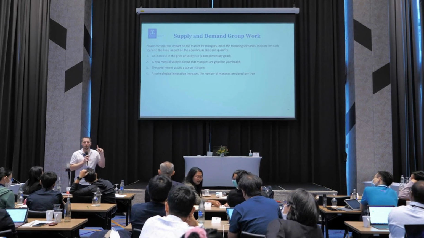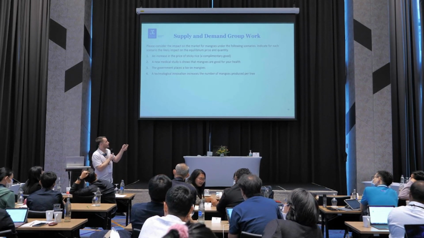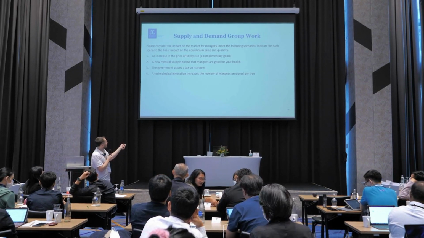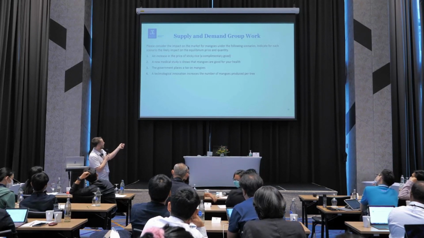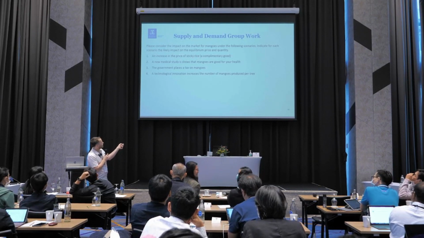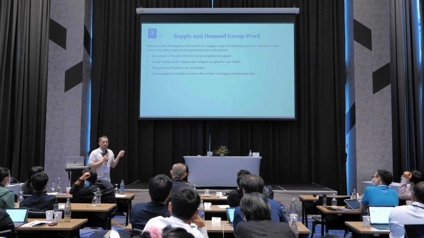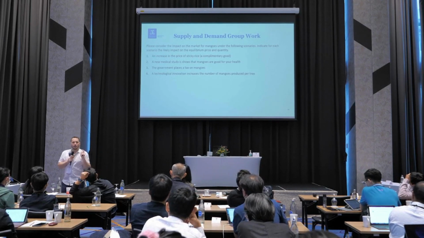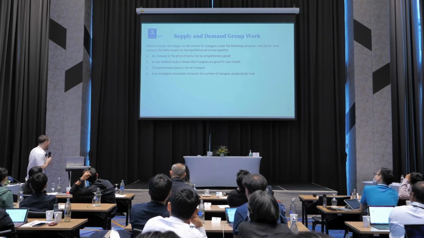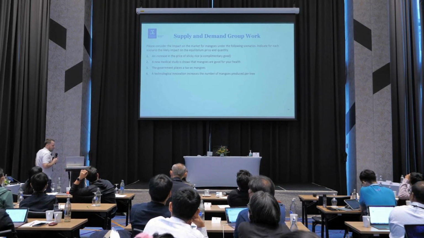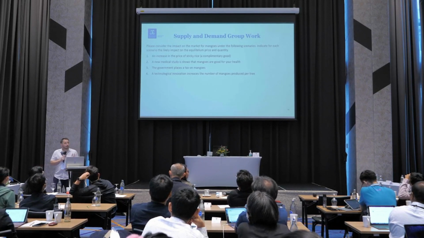First of all, which curve will shift as a result of an increase in the price of sticky rice? Does this impact demand or supply? Demand. Yeah, so we know first of all that demand is the one that's going to be impacted. Okay, so then what do we know?